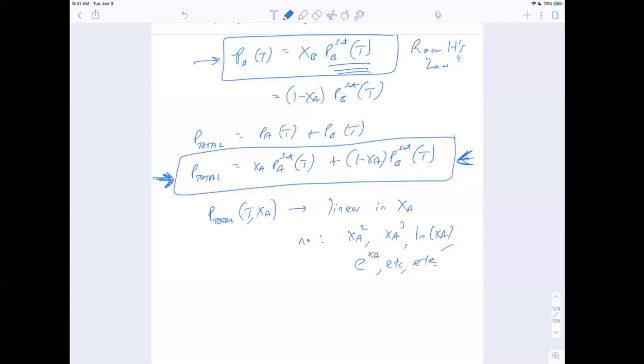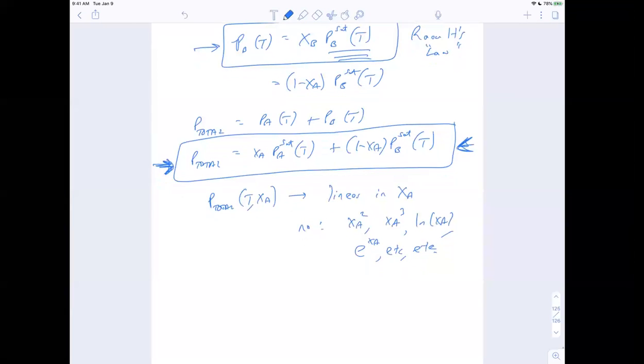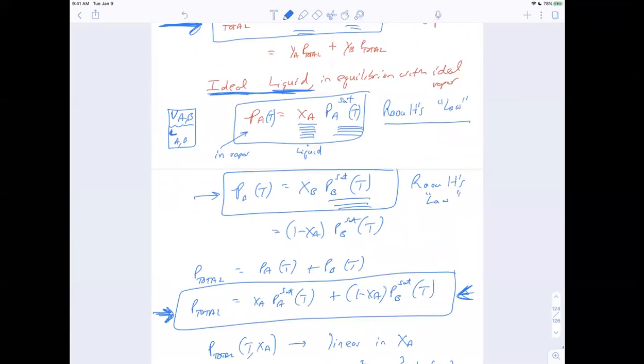So let's actually now plot this line. What we're going to do is seek recourse in the fact that each of the individual components of P total, P_A and P_B, are also lines. P_A here is a line. If we plot the partial pressure of A at this temperature as a function of the mole fraction of A in the liquid, it's a line.